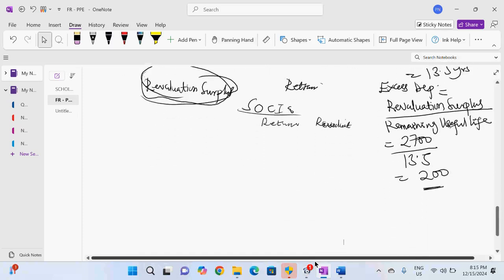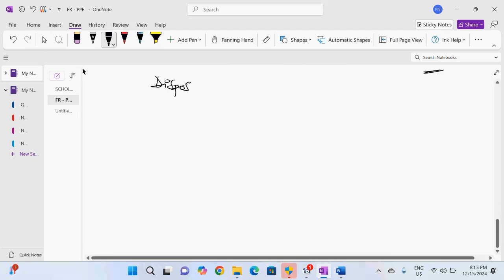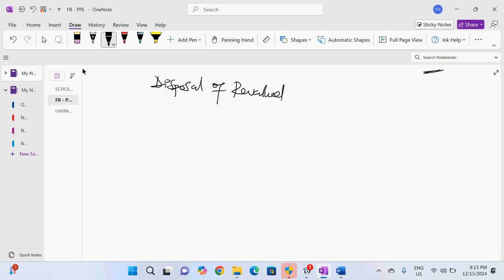I've not typed for that, but you can write: disposal of revalued non-current assets.